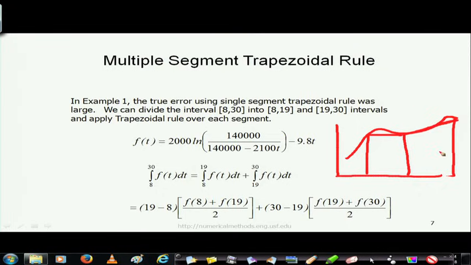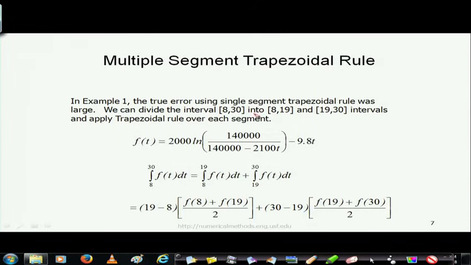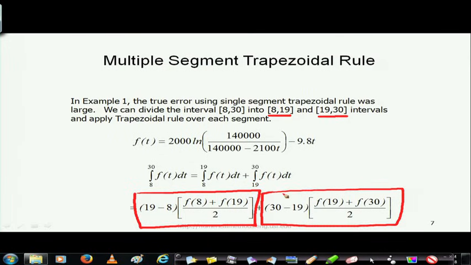Instead of taking 8 and 30 and fitting one trapezoid for the whole thing, we fit one trapezoid for 8 to 19, and another for 19 to 30. Okay. Now again using the same formula, the trapezoid from 8 to 19 gives this integrand, plus the other trapezoid gives me this. So, I am fitting in 2 trapezoids now, clear.